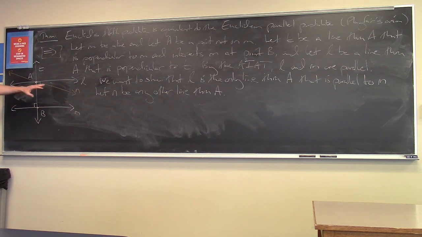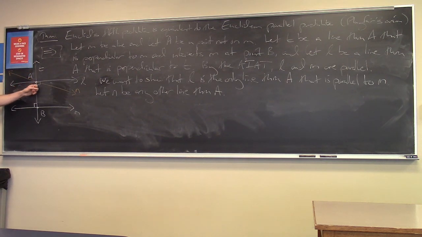Now I want to claim that one of the angles between N and T has to be acute. The only way I wouldn't have an acute angle formed between N and T is if all the angles are 90 degrees, right? Otherwise, one of them has to be acute.